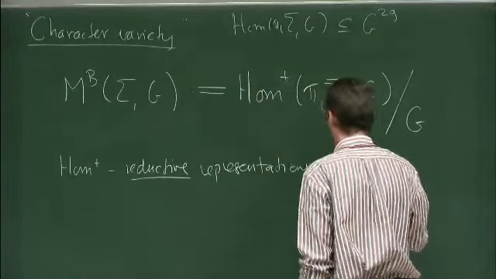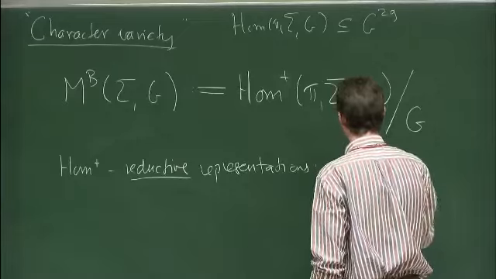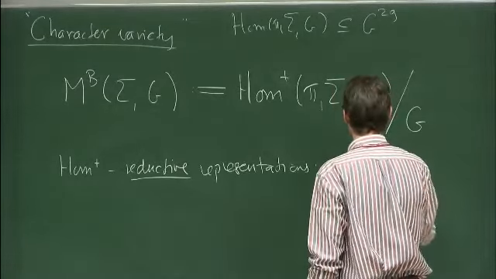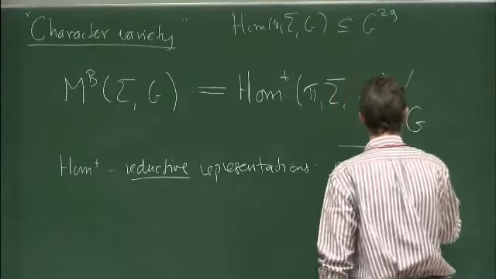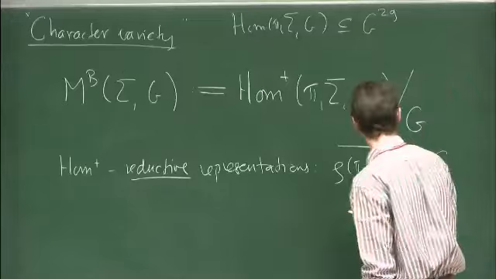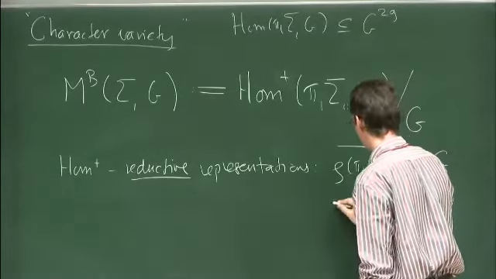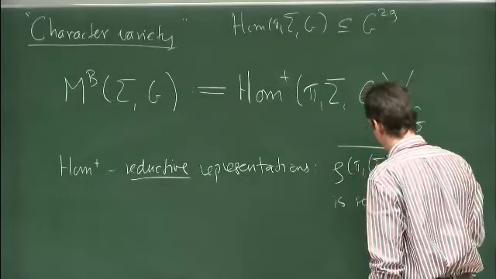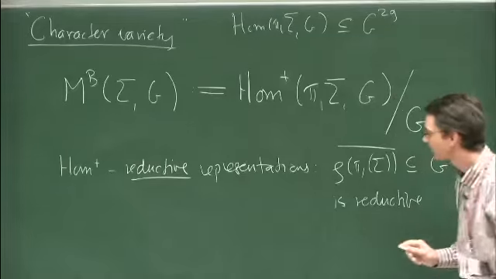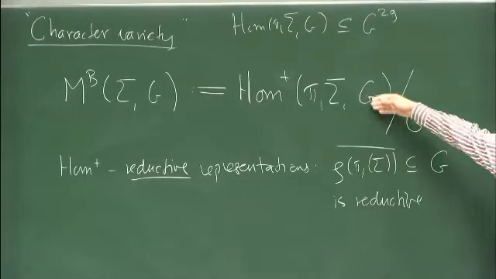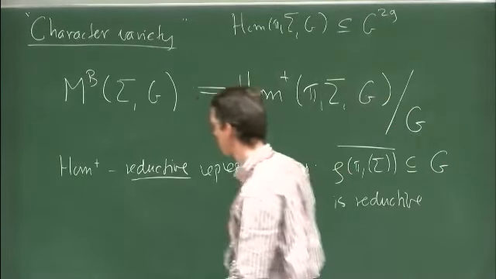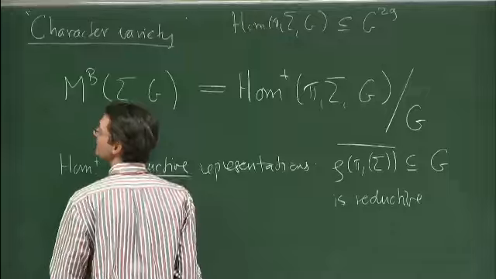That just means that the Zariski closure of the image of the fundamental group inside G is reductive. And with that we get a nice Hausdorff quotient. So that's a small technical point.